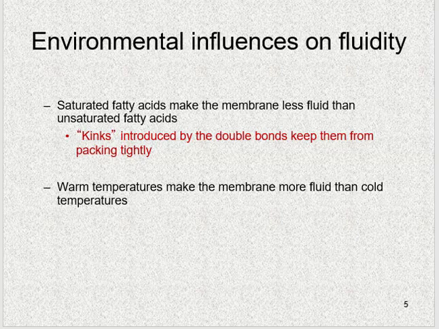Now, the other thing that can influence fluidity is temperature. As with many other liquids, increasing the temperature and making it warmer increases the fluidity of the liquid. So it is the same with the plasma membrane. The warmer it is, the more fluid the membrane will be.